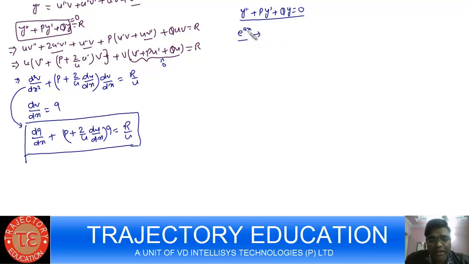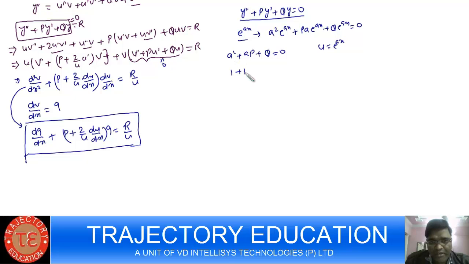If I put it over here, this becomes a square e to the power ax plus p a e to the power ax plus q e to the power ax equal to 0. It means if this condition is satisfied, one of the integrals belonging to the complementary function is e to the power ax.